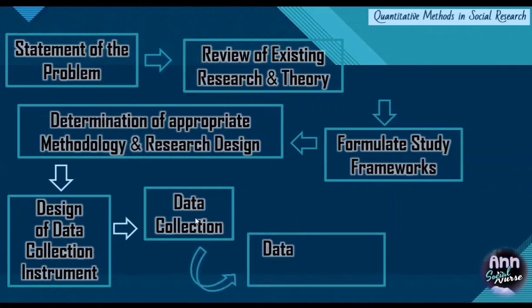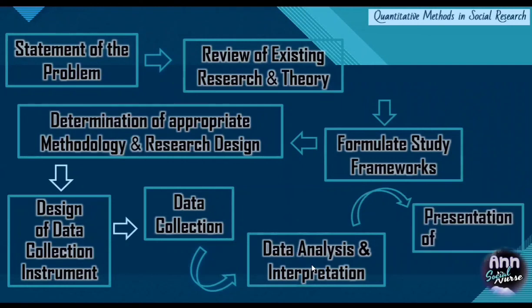Then you are going to collect the data, after which you proceed to data analysis and interpretation. This will be chapter 4. You'll present the results. This is the detail of what we have mentioned in the first part, the major steps in conducting research.